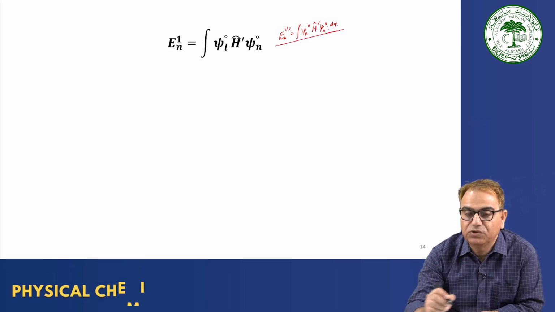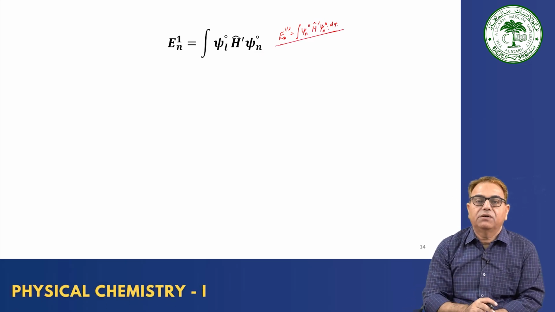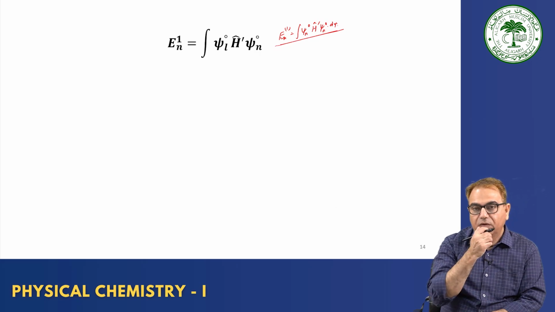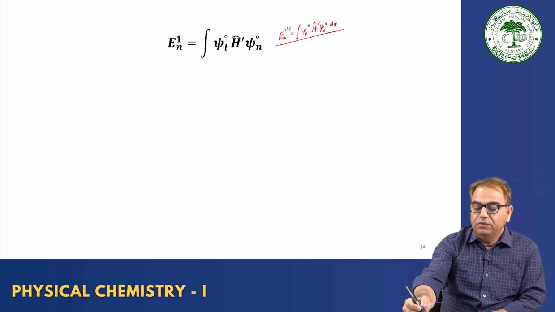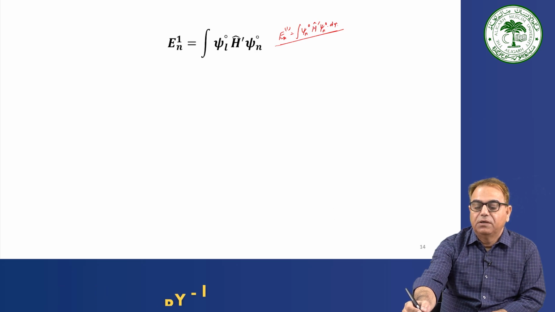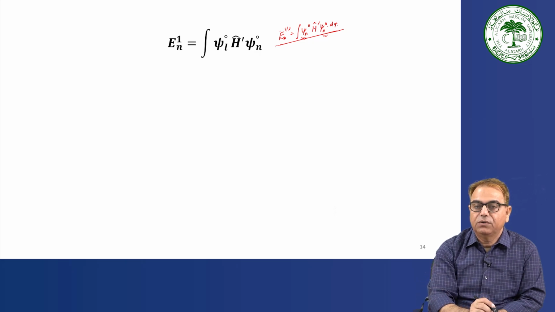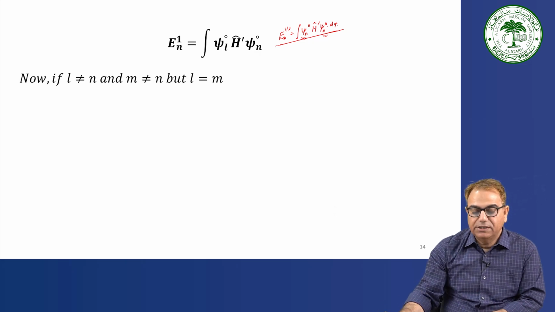It is the same equation which we derived for the first order correction to energy. We got the same equation here also, in this derivation. And here H prime is the perturbation, by what amount the system is perturbed. So knowing the wave function for the unperturbed system and knowing the perturbation, one can find out the first order correction to the energy. Okay, what else?